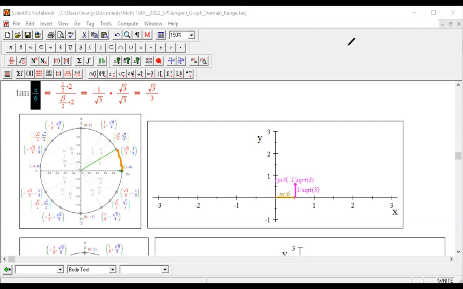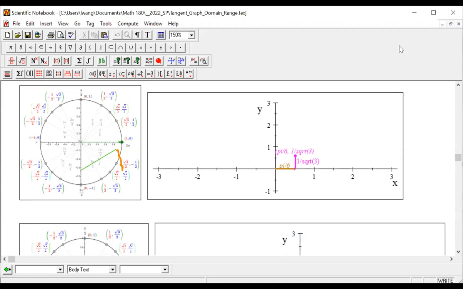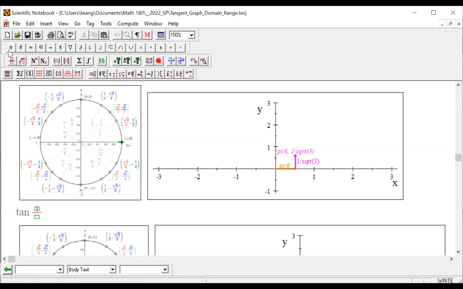Okay, so let's look at another example. Right now, we're still working on the first quadrant. We done pi over 6. Let's look at pi over 4. So what is tangent pi over 4?